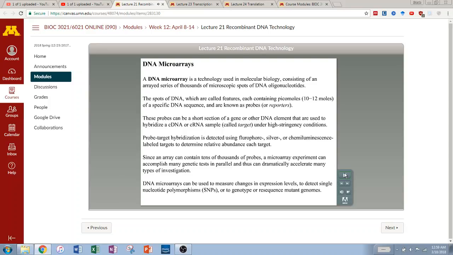Probe target hybridization is detected using fluorophore, silver, or chemiluminescent labeled targets to determine the relative abundance of each target. Since an array can contain tens of thousands of probes, a microarray experiment can accomplish many genetic tests in parallel and thus can dramatically accelerate many types of investigations. DNA microarrays can be used to measure changes in expression levels, to detect single nucleotide polymorphisms, or SNPs, or to genotype or resequence mutant genomes.